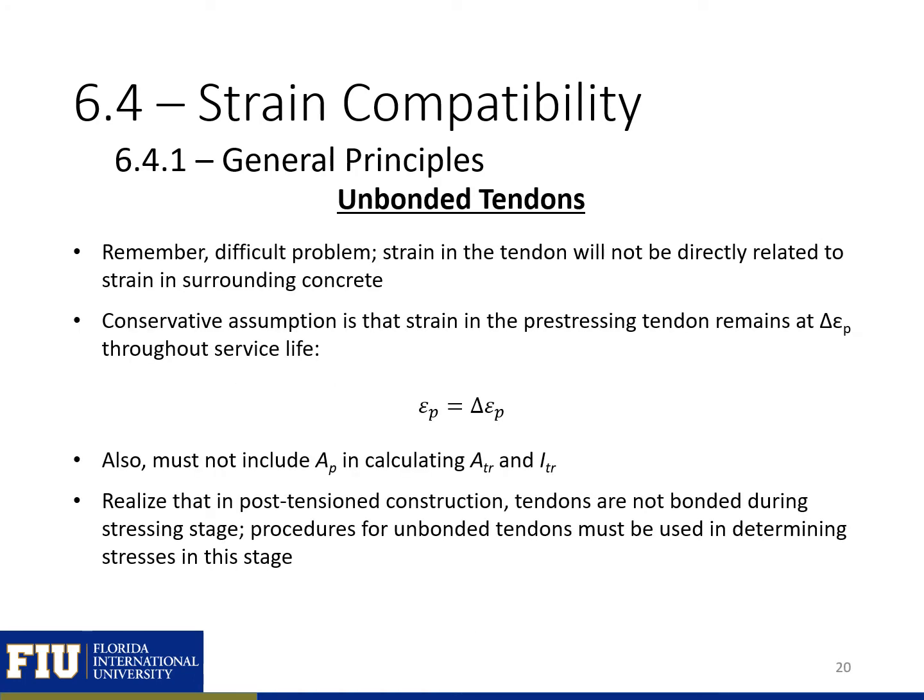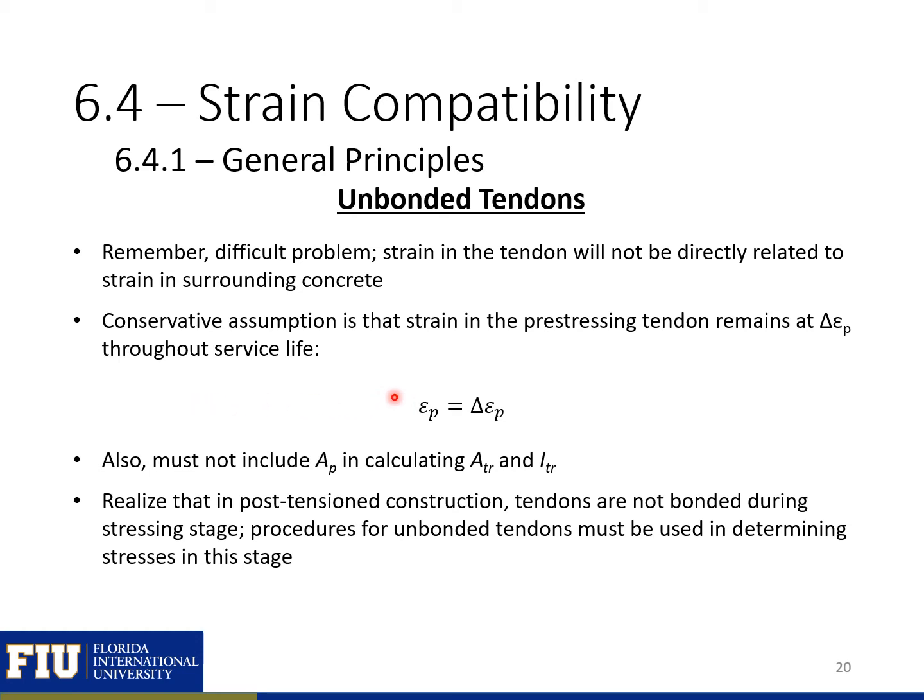Note that everything that I've talked about so far has been with bonded tendons or bonded strands, where the strand is bonded to the surrounding concrete, either via grout or via direct contact between the strand and the concrete. For unbonded tendons, it's a little more difficult of a problem. One conservative assumption is to assume that the strain in the pre-stressing is equal to the locked-in strain throughout the service life.